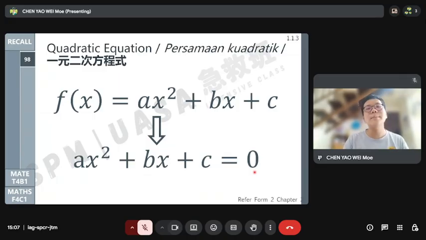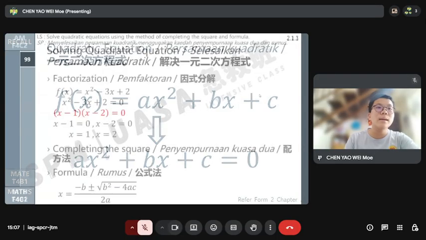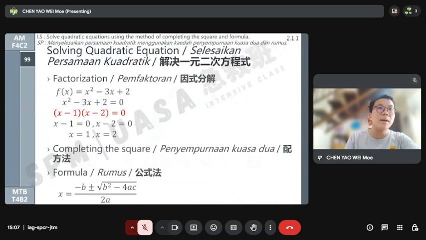We have three methods. Either we use factorization, which we already learned about. The second method is completing the square, and the third method is the formula.